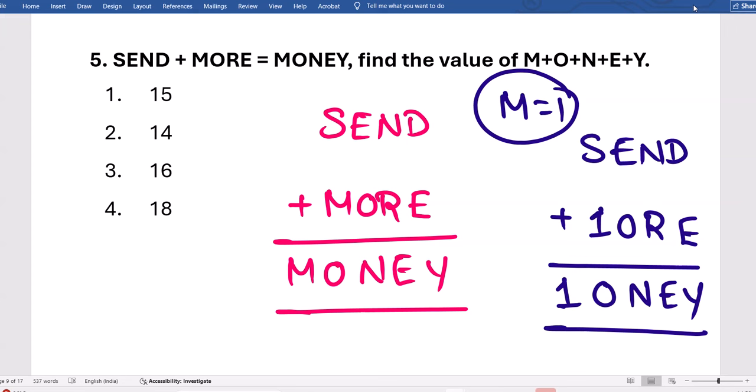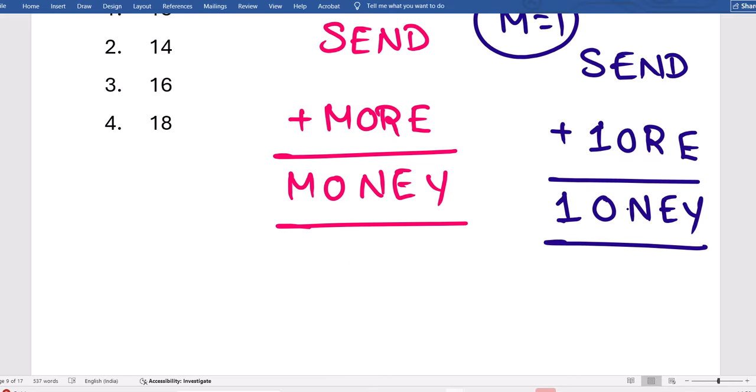There is a chance. Initially, maybe during the process it can be eliminated, but there is a chance for S value 8 or S value 9. Two chances are there. Always write both, then you eliminate in the process. This is the letter O, not 0. So S can be 8 is one scope.